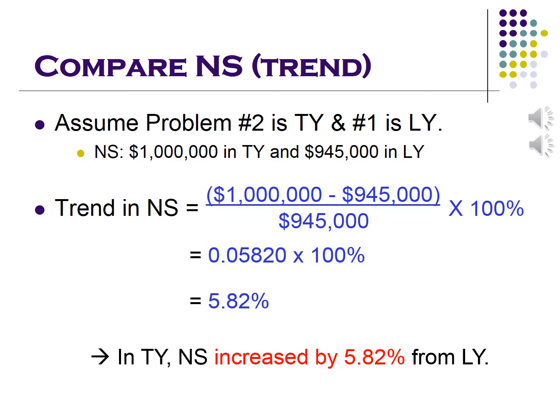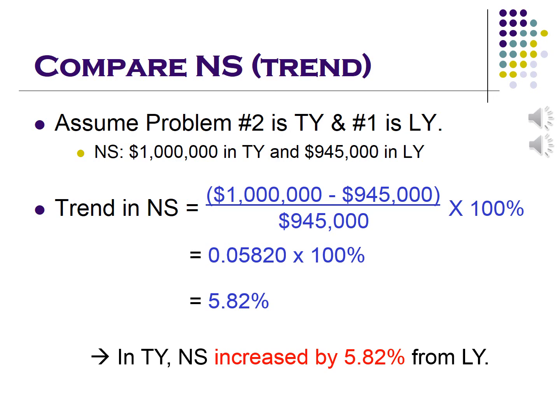So this is a positive number, which means this year the net sales increased by 5.82% from last year's net sales. And one thing that we need to note is that in the previous slide, the answer was negative 5.50%, whereas here we have positive 5.82%. Remember that it's not exactly just the changing of the sign from negative to positive, but also the number itself has changed from 5.5 to 5.82.